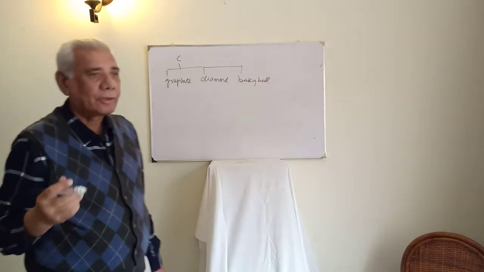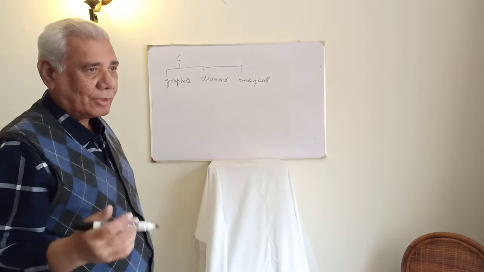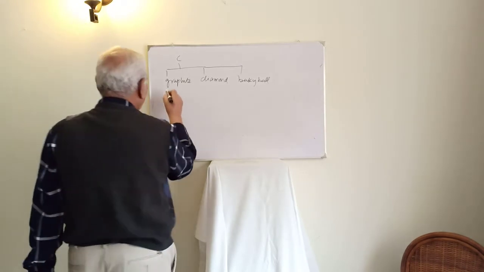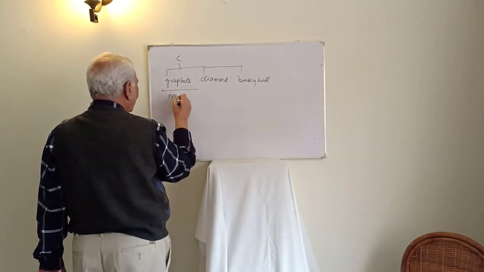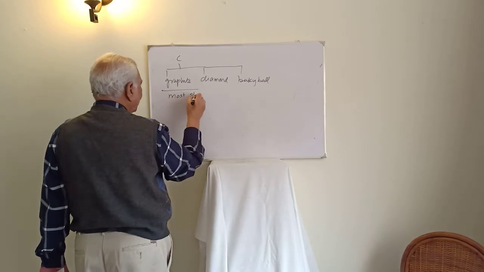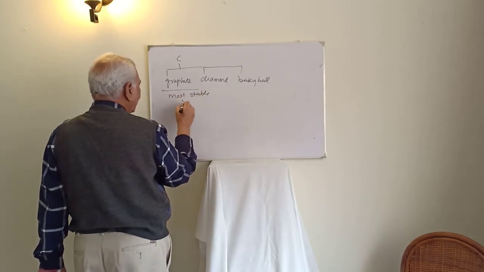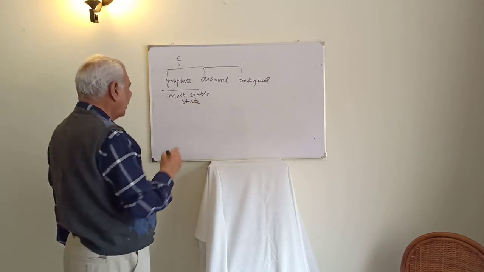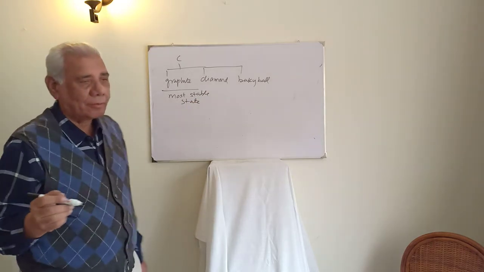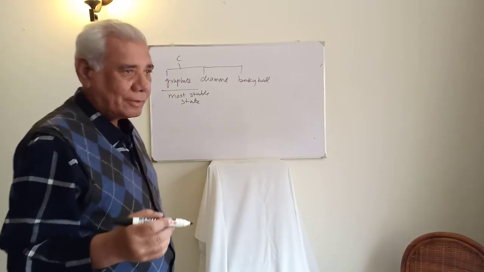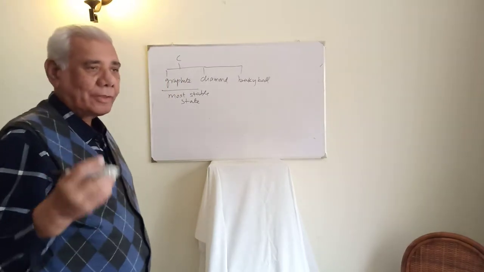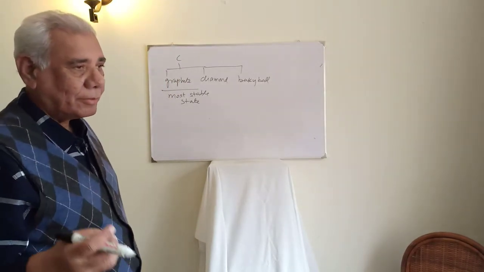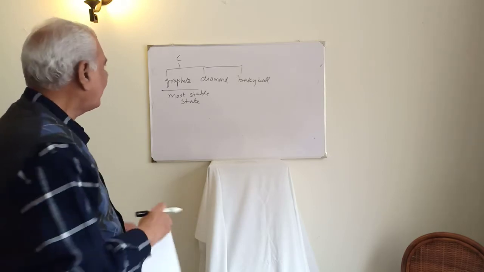The most stable state of carbon is graphite. So the enthalpy of carbon as graphite at 25 degrees centigrade and 1 atmosphere pressure will be 0.